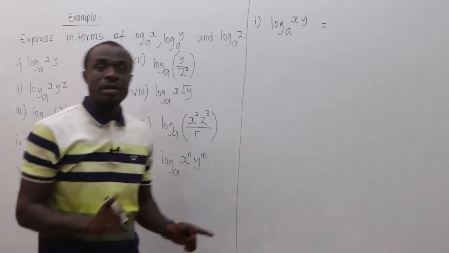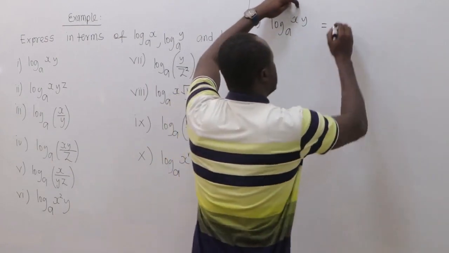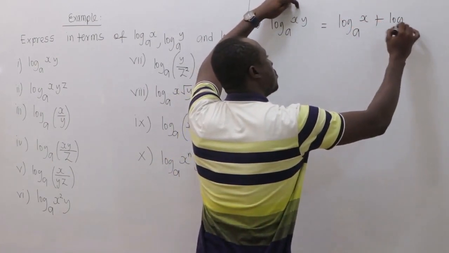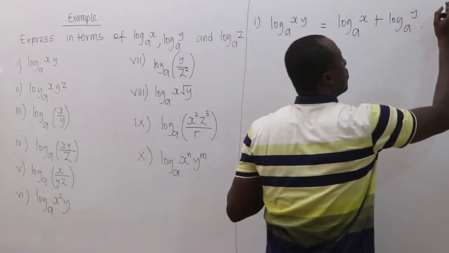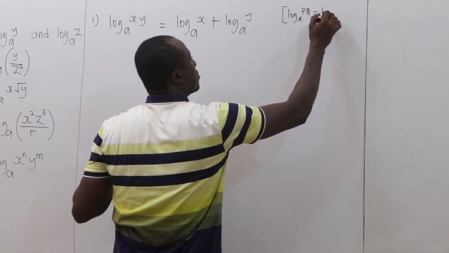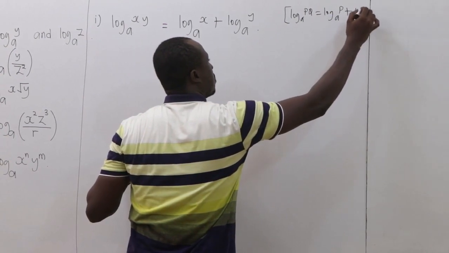So clearly, we know from the laws of logarithm, when you're multiplying, then we add. So this is the same as log a of x plus log a of y. Why? We know that if we have log a of pq, this is the same as log a of p plus log a of q.